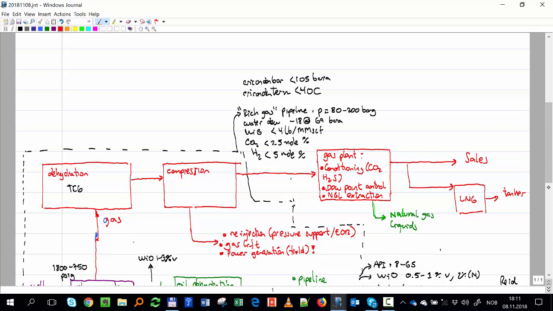Okay, then we come to the plant, and in the plant the limits we have to sell the gas are even more strict. This is the gas that we get in our homes, or that is used for power generation, and here we have a bit more strict limits.